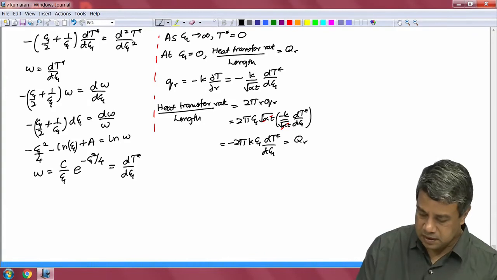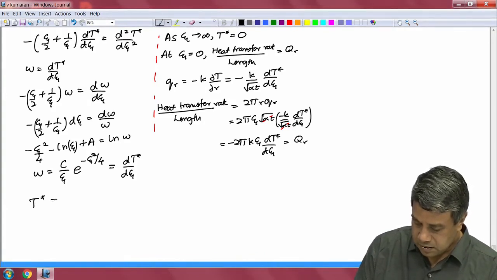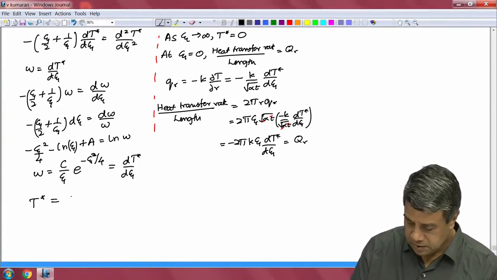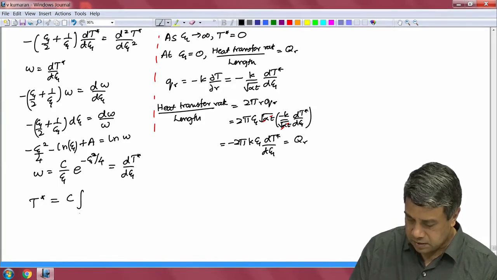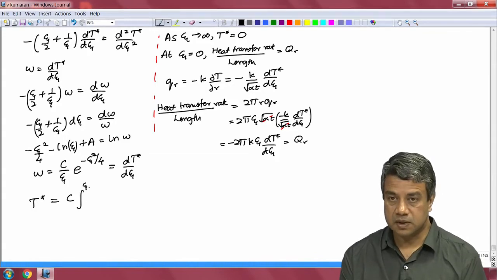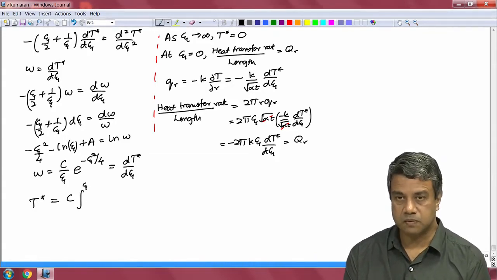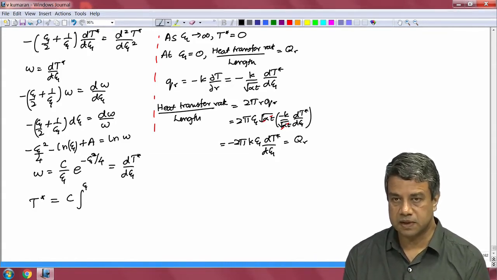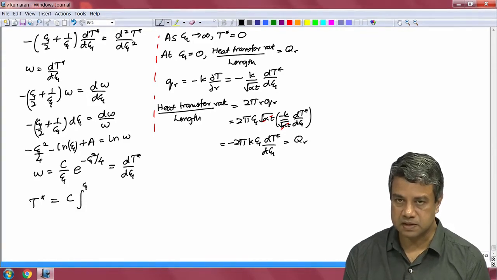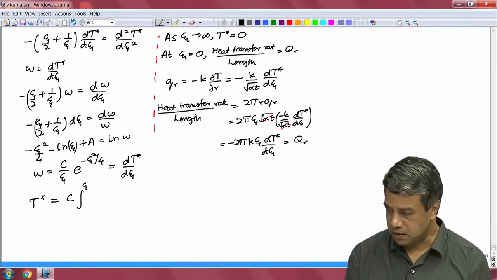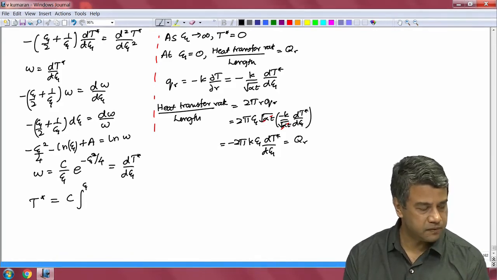Which implies that T is equal to C times the integral. The upper limit has to be psi. The lower limit cannot be 0, because at 0 we do not know what the temperature is, we know only what the flux is.